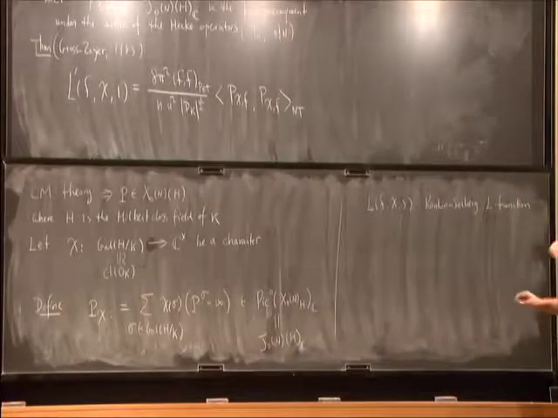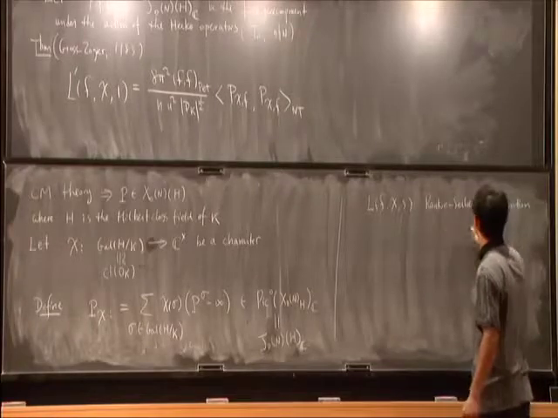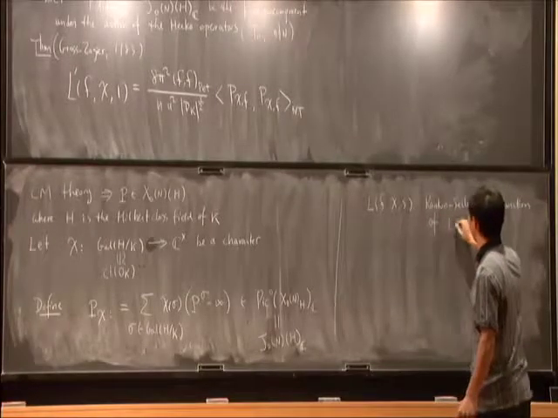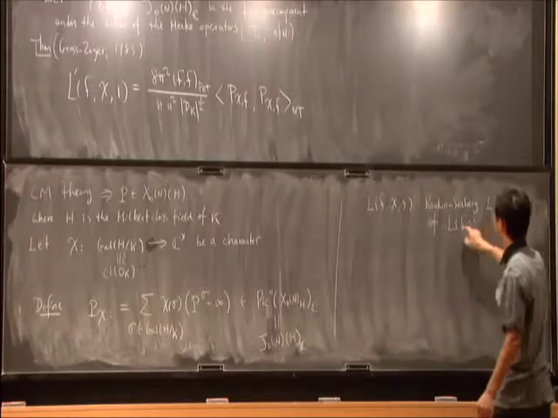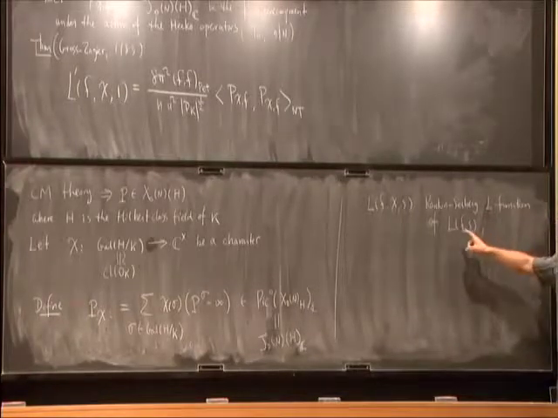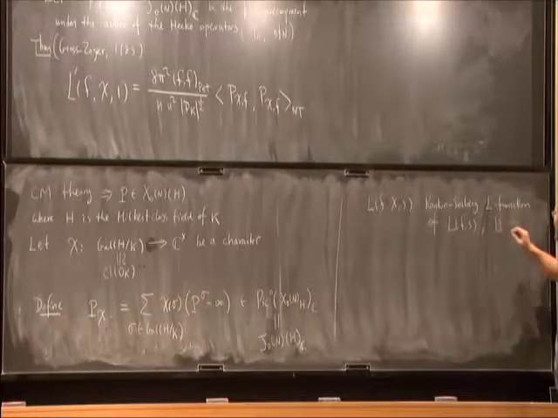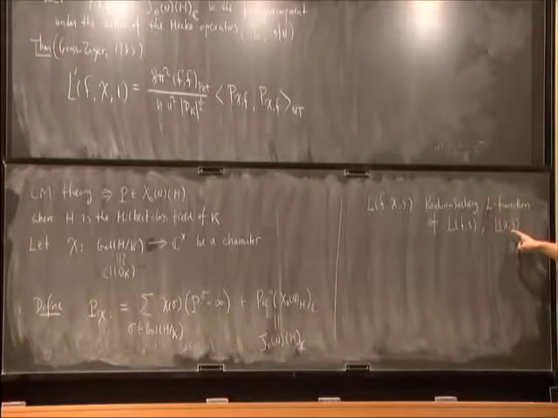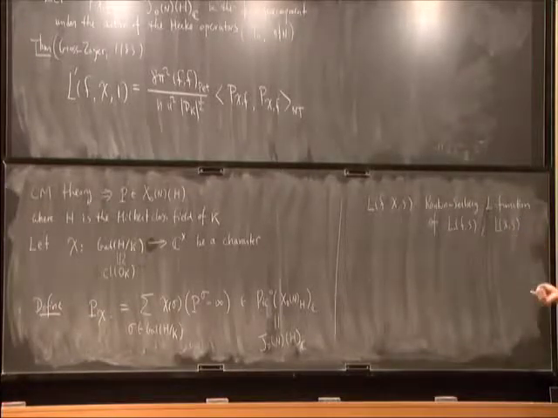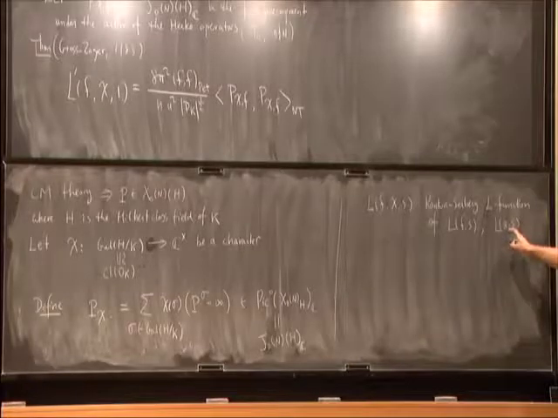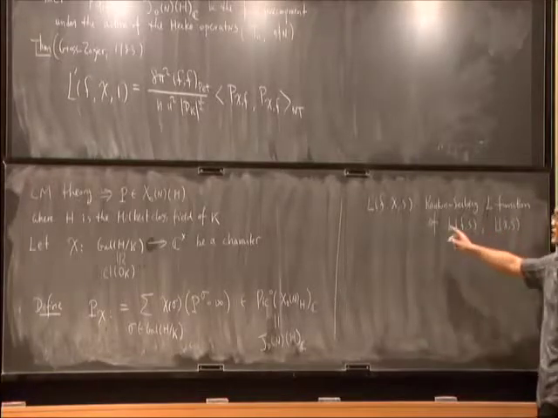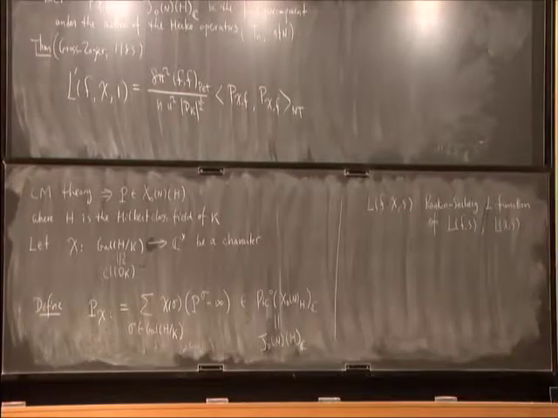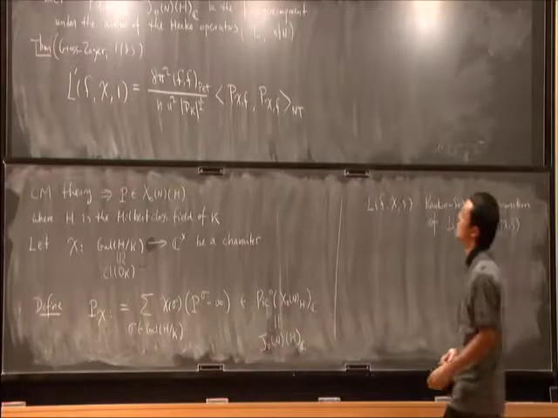So we may think of it as Rankin-Selberg of L(f,s), which is degree 2 over Q, and L(χ,s), which has degree 1 over K, but degree 2 over Q. We do the Rankin-Selberg, we get degree 4.